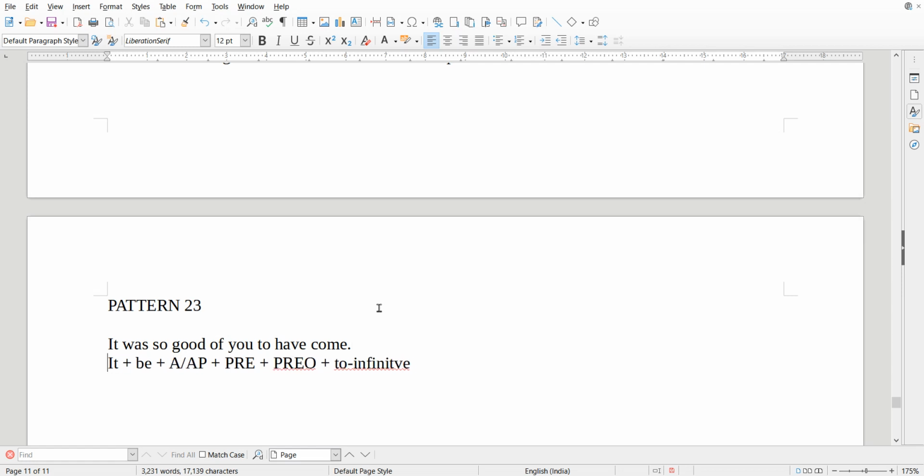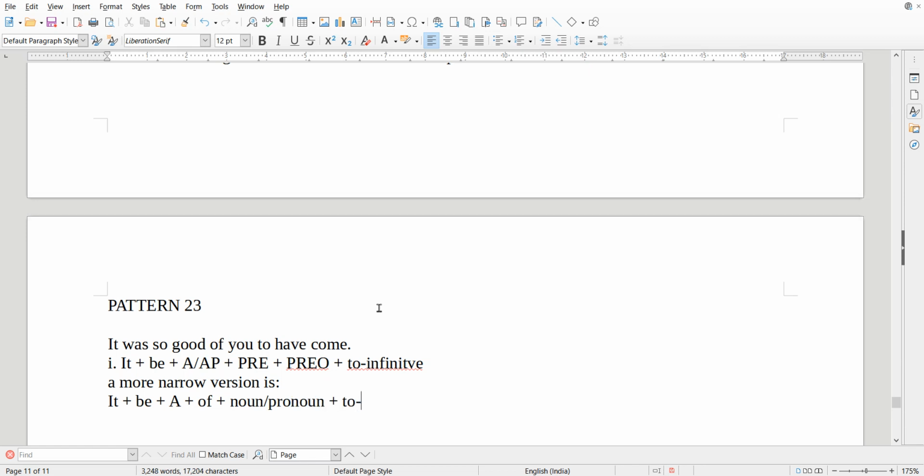The narrow version is: it plus be plus a plus adjective plus of plus noun/pronoun plus to-infinitive. I'll follow the convention I've used and write it, yes, PRN.